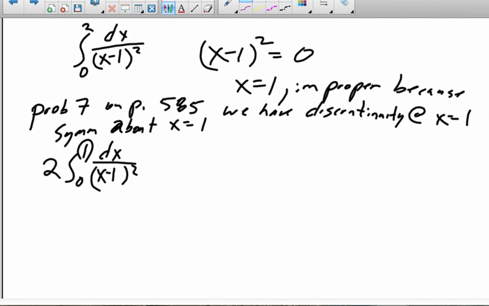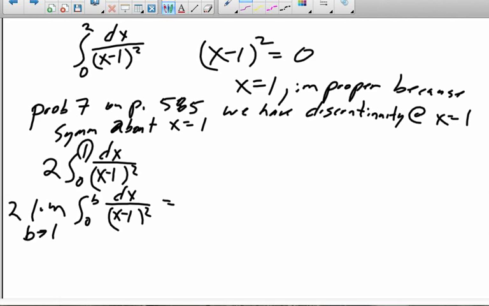And this is my problem child right here. So I'm going to take the limit as b goes to 1, and it's 2 times that, of the integral from 0 to b of dx over x minus 1 squared, which is going to equal x minus 1 to the negative 2 dx.